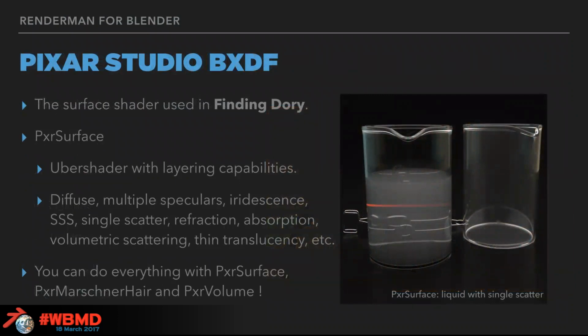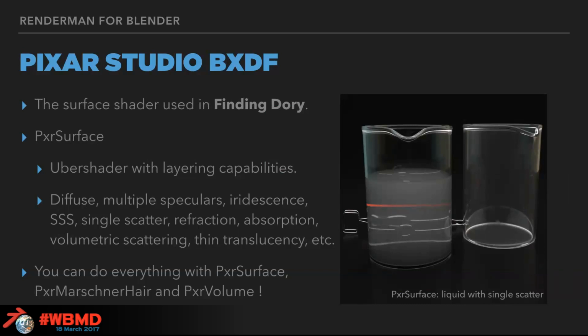Okay, so one of the really cool features I alluded to before was in Renderman 21, we have this Pixar Surface BSDF, which is the main shader that was used in Finding Dory for almost everything. It's kind of a really cool Uber shader.